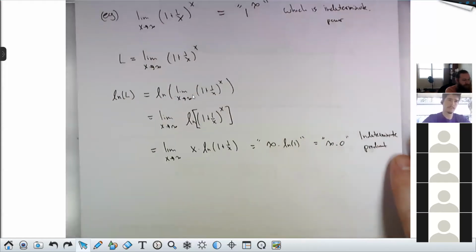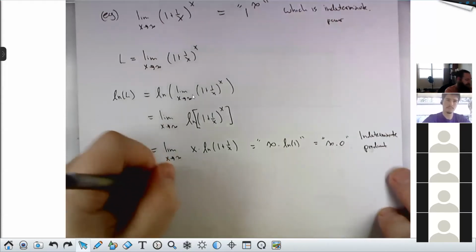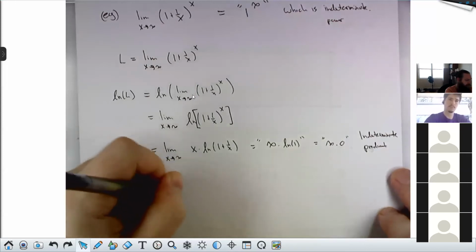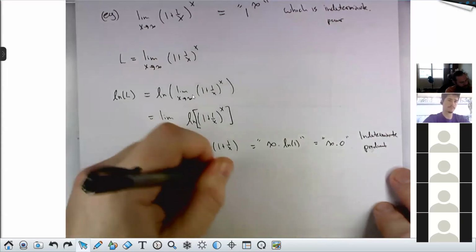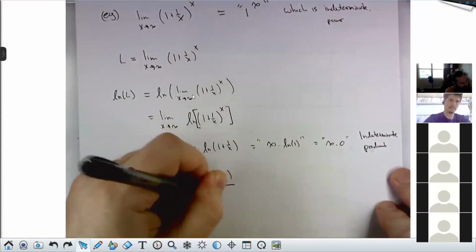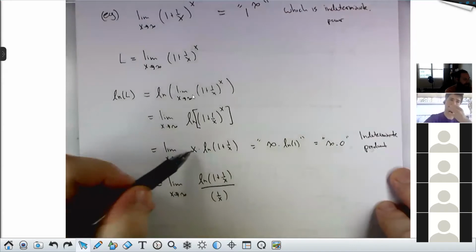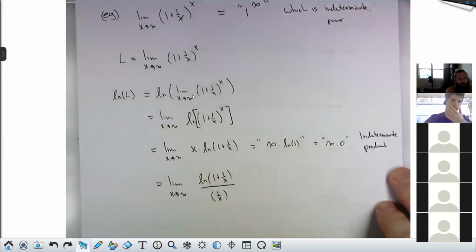The way we handle indeterminate products is to turn them into indeterminate ratios and then apply L'Hopital's rule. So this is the limit as x goes to infinity of ln of 1 plus 1 over x, divided by 1 over x. I take this x and shove it downstairs as a 1 over x.